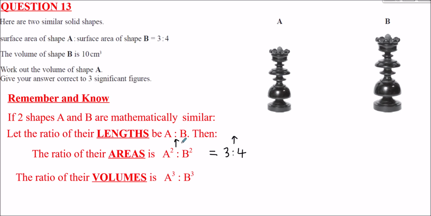So if I square root these numbers here, then the length ratio would be the square root of 3, which is root 3, to the square root of 4, which is 2. So the length ratio of A and B is this, given that the area ratio was 3 to 4.